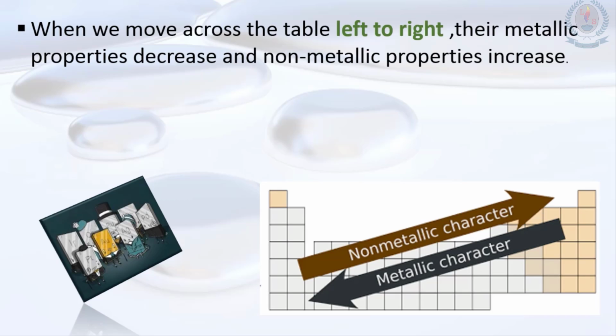When we move across the periodic table from left to right, what happens? Their metallic properties decrease and their non-metallic properties increase. I have shown you that fact using a nice diagram here.